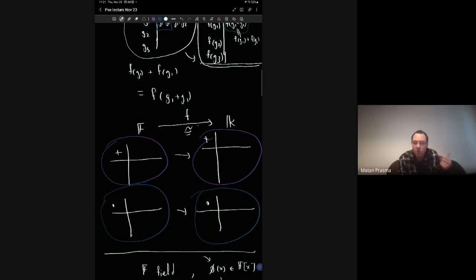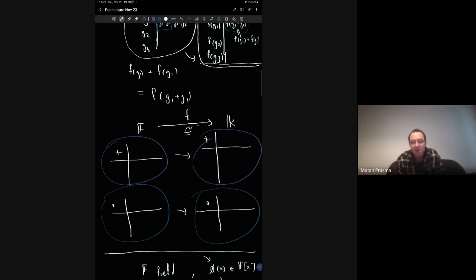This is why the notion of isomorphism is so important to us, because we cannot guarantee, I mean, we make constructions, and the splitting field is a very good example. We make a construction that introduces a new set of symbols, in this case these remainder polynomials and so on.